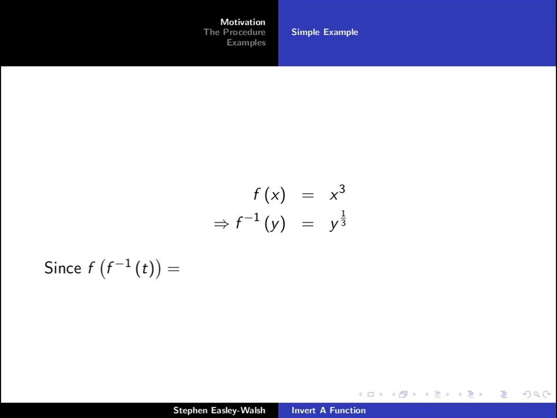Let's calculate f^-1(f(t)). That will equal the cube root of t cubed, which equals t. So in this example, the function f and the function f^-1 cancel. So we have shown that f^-1 is indeed the inverse.